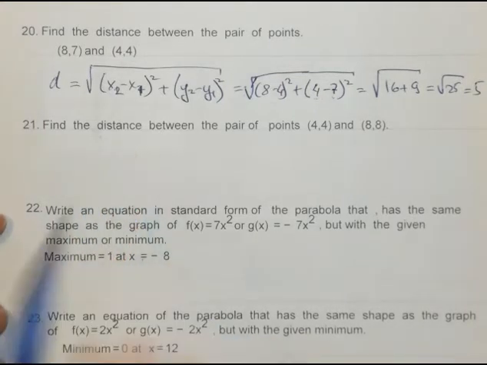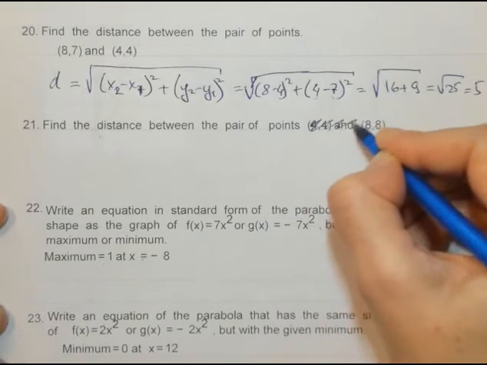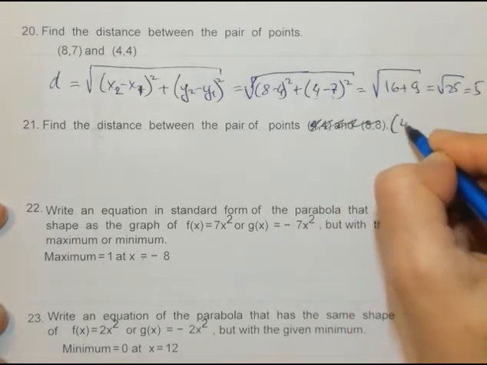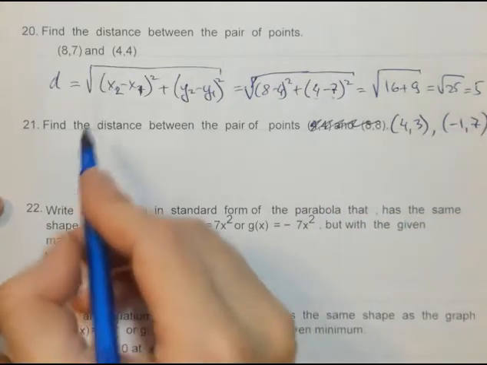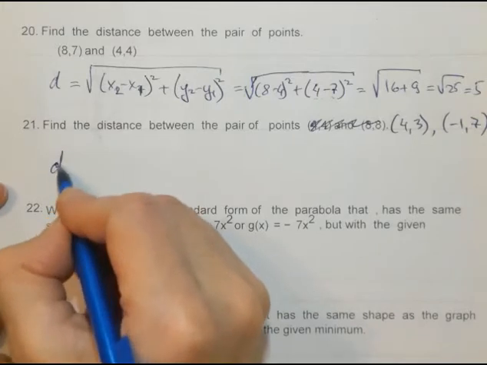Another example, let us make different numbers: (4, 3) and (-1, 7). Let us find the distance between these two points.